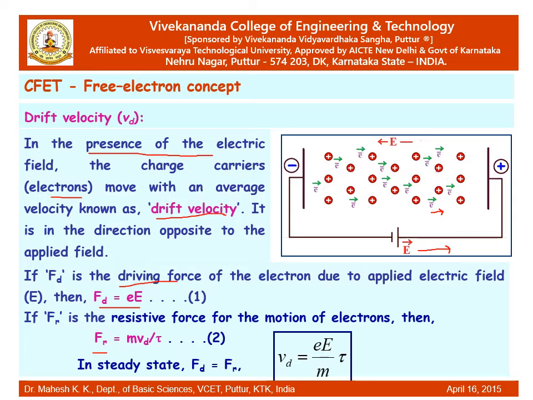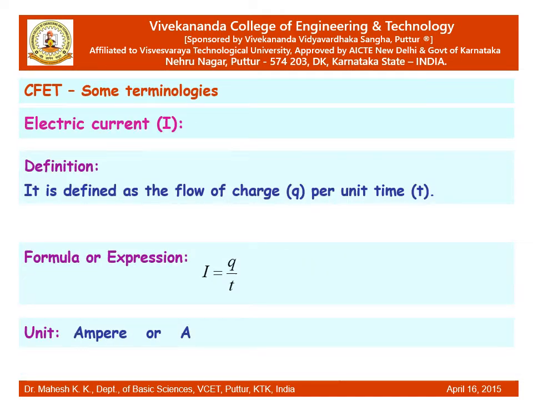If you take these two equations as equations 1 and 2, since the left hand sides are equal, the right hand sides can also be equated, and finally we get the equation for Vd as e into E divided by m into tau.